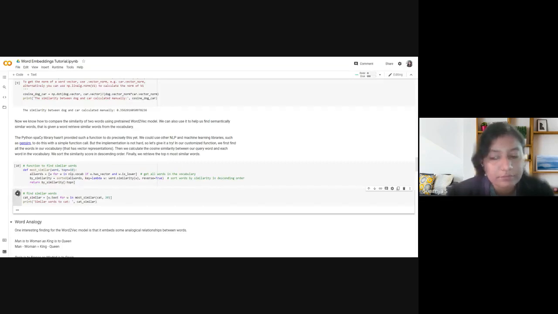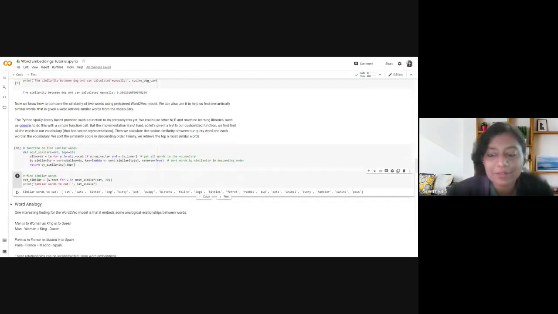So we start getting other pets. We get rabbit and bunny and hamster and cat. And you can imagine it's trained on some dataset where pets such as rabbits and hamsters are popular and things like that.